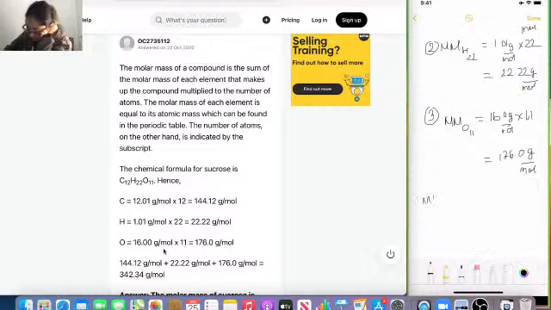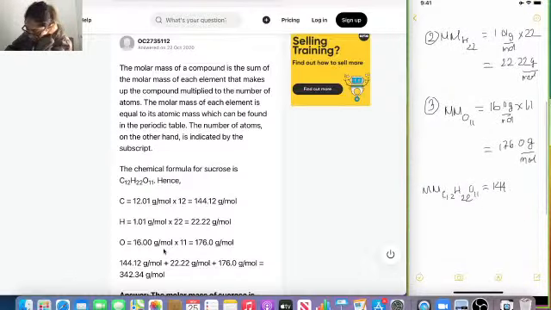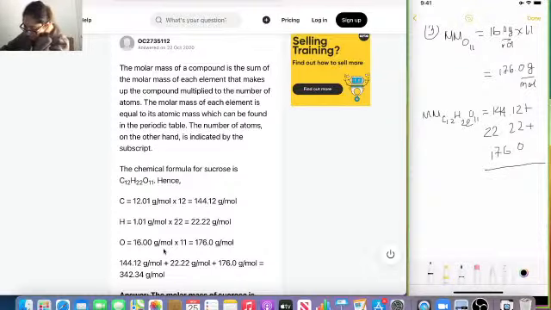And so you have to add this together, and you would get basically the molar mass of sucrose, C12H22O11. So you have 144.12 plus 22.22 plus 176.0, and so what you get here is basically 342.34 grams per mole.